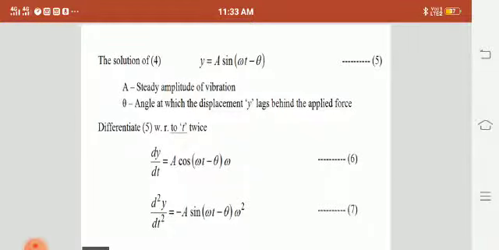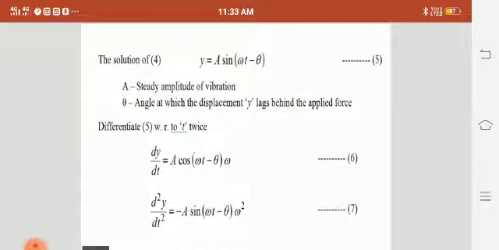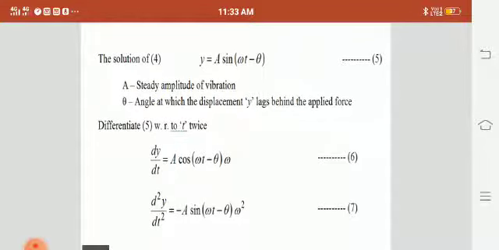So dy by dt is equal to a cos omega t minus theta into omega. Then we differentiate once again, that is d squared y by dt squared is equal to minus a sine omega t minus theta into omega squared. Here minus comes because cos theta differentiated will give minus sin theta.